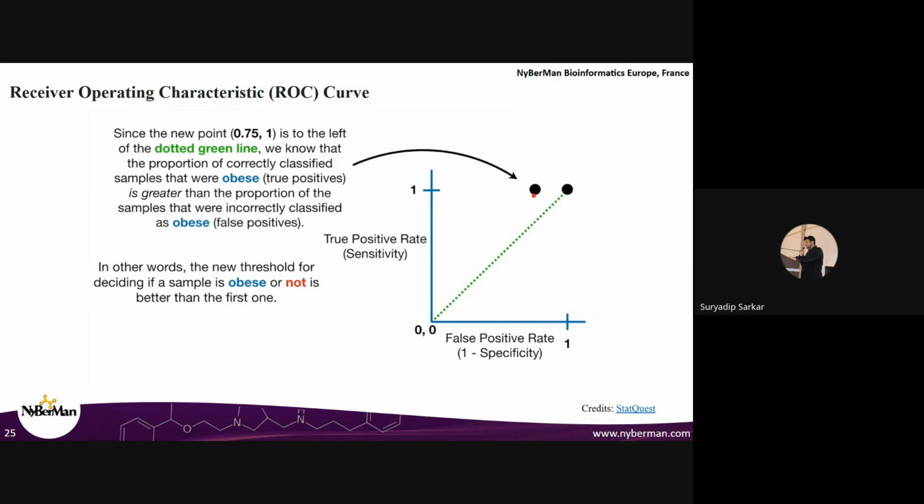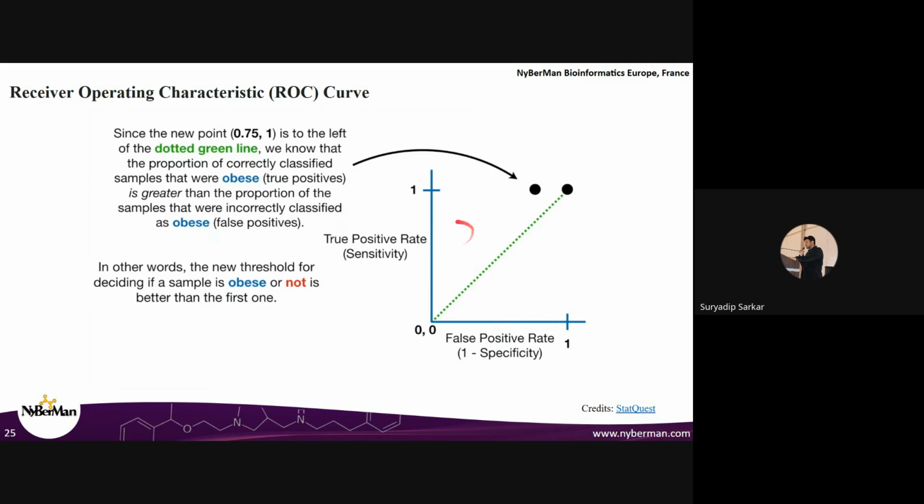Now actually look at it from the mathematical perspective, right? Since this new point is towards the left of the dotted green line, anything to the left of the dotted green line will have a higher TPR than FPR. Any point towards the left will have a higher TPR than FPR, and anything towards the right will have a higher FPR than TPR, right?